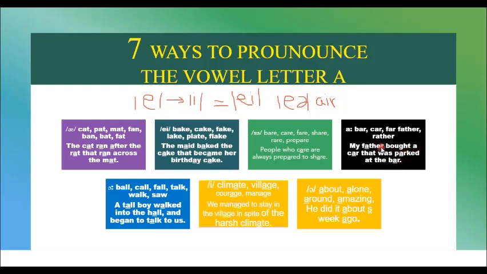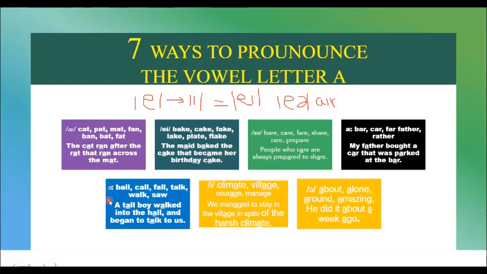Now take note of the sounds in father, car, parked, bar. My father bought a car that was parked at the bar. One more time. My father bought a car that was parked at the bar. So as you repeat this sentence, you familiarize yourself with the sound.